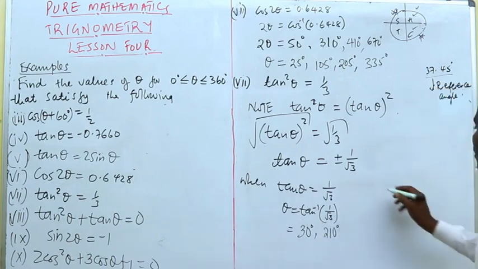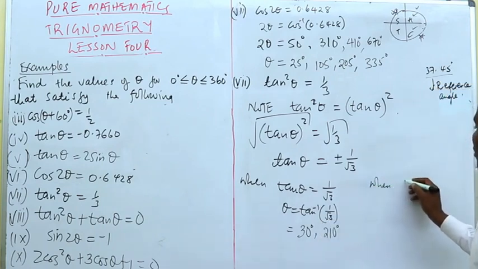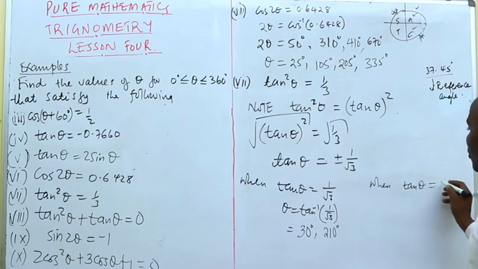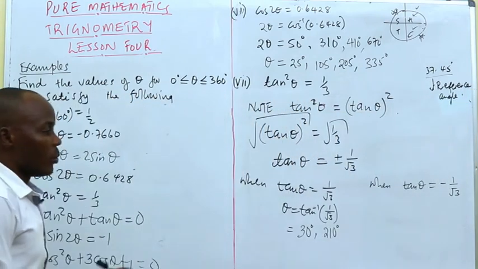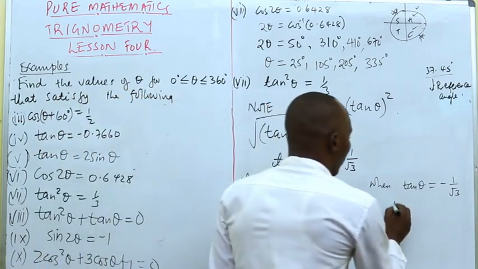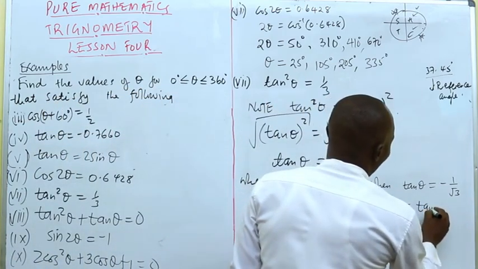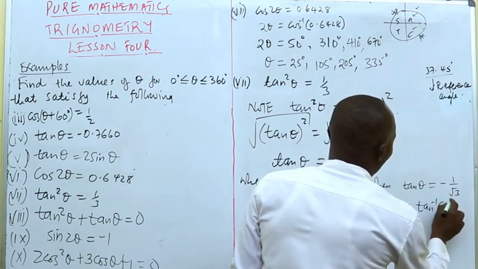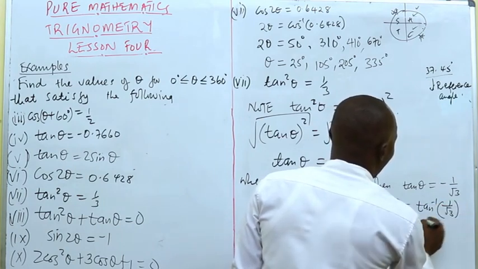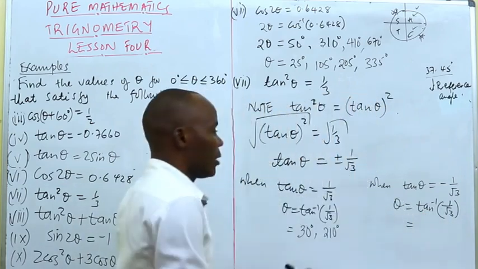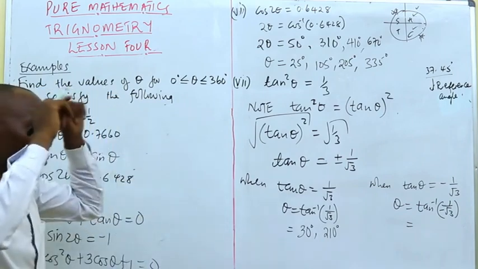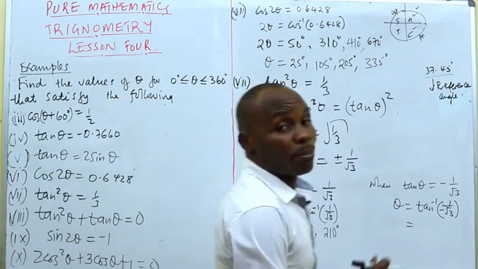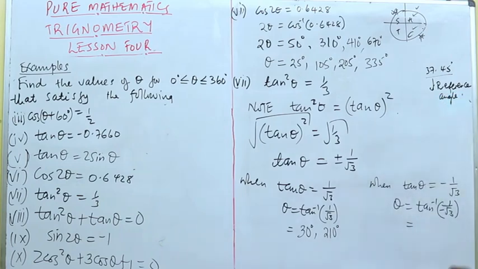That one is done. Then we have when tan theta is equal to negative 1 over root 3. For negative 1 over root 3, theta is equal to the tan arc of 1 over root 3. It is negative, you have to write it to show it is negative. But I've said you treat it as a positive when feeding it into the calculator.